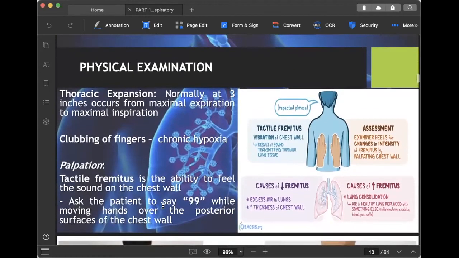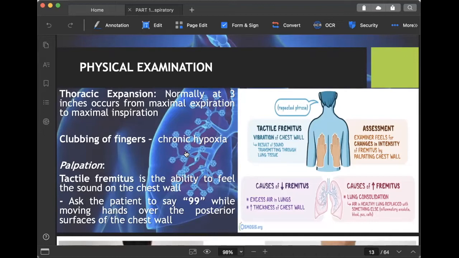Moving on here, we also have thoracic expansion. Normally, a few inches of expansion occur from maximal expiration to maximal inspiration. We also have clubbing of fingers, which is brought about by chronic hypoxia. In palpation, we have tactile fremitus.